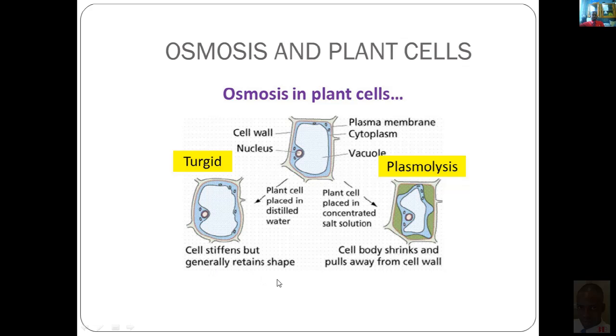Plasmolysis is the extreme case. Some books will label this cell in the middle as flaccid. It is not incorrect, but I want you to understand that when we say it's flaccid, it's because it is actually losing water. This is another extreme opposite now of flaccid. You gain too much water. Alright.